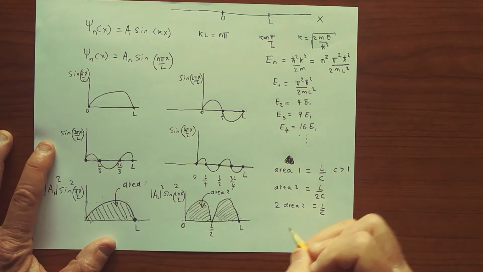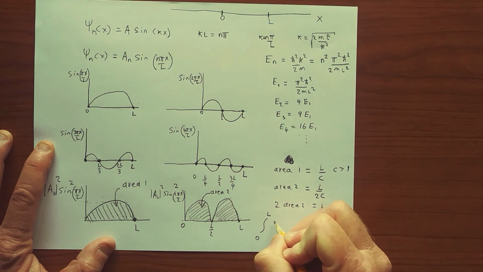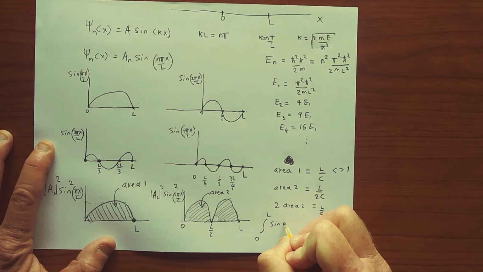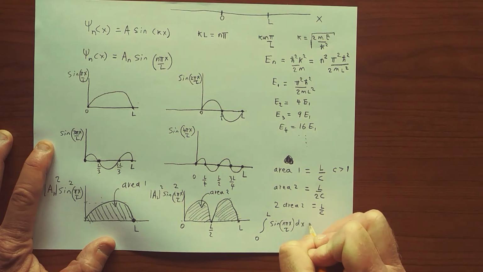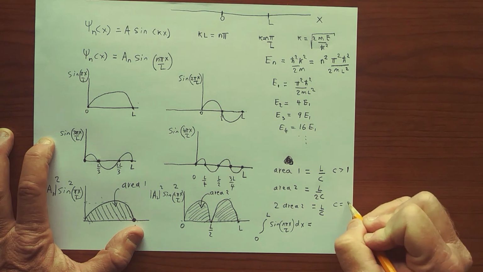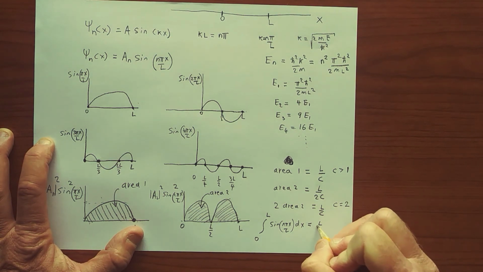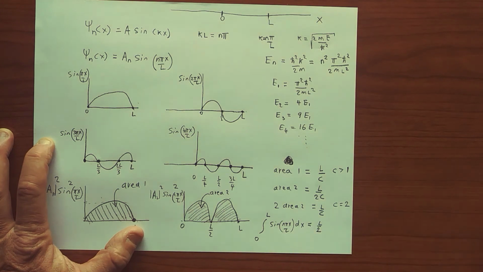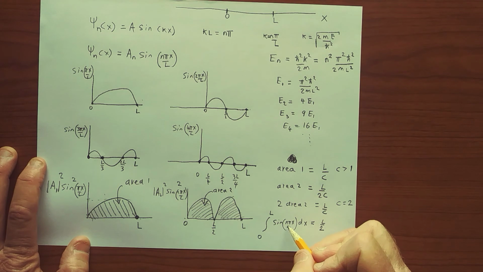So the integral from 0 to L of the sine squared of n pi x over L dx is equal to, it turns out C is equal to 2, and so we get L over 2, regardless of what n is.